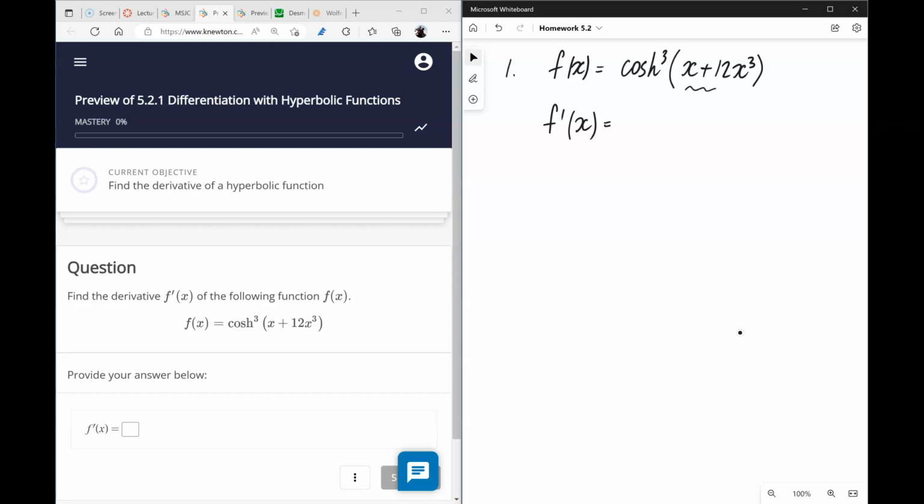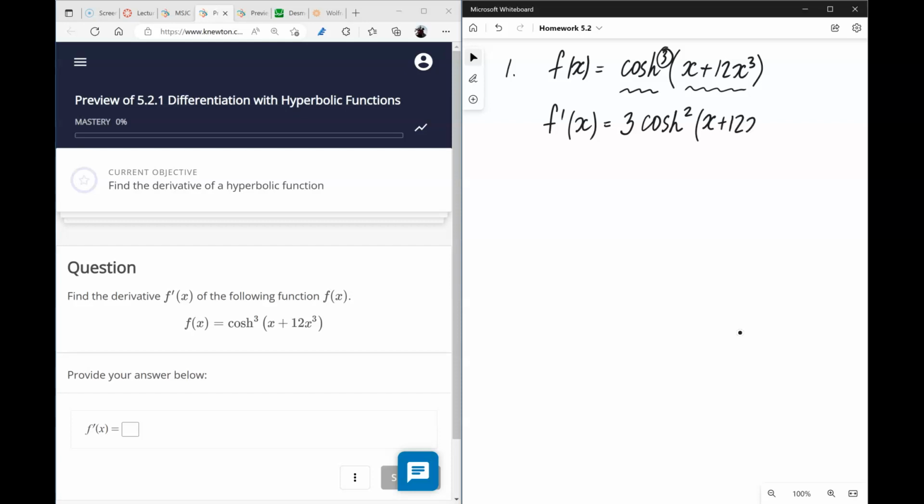First we have a polynomial, then we have hyperbolic cosine, and then we have the power function. To apply the chain rule, we start with the most outer function, which is raising to the power 3.